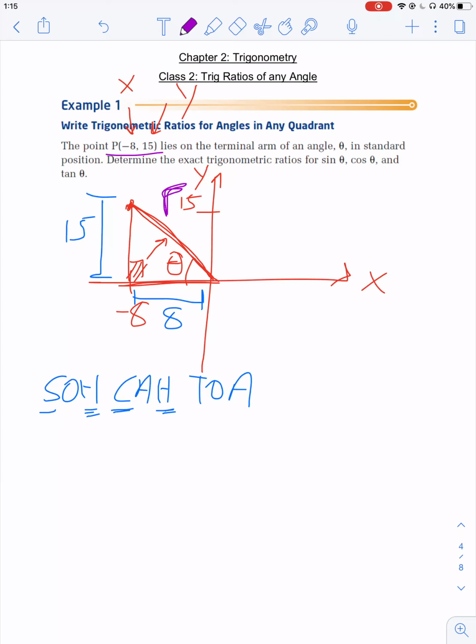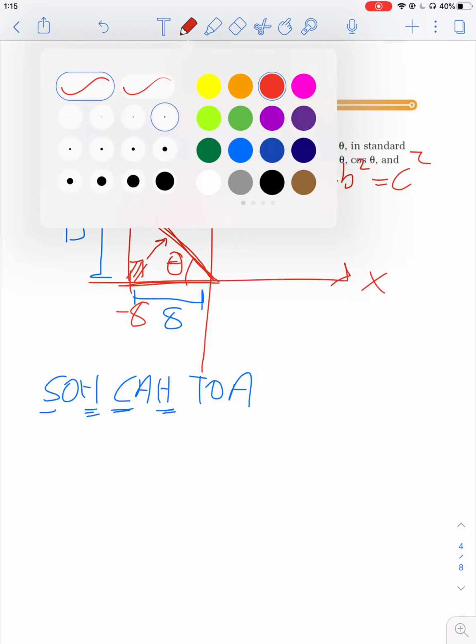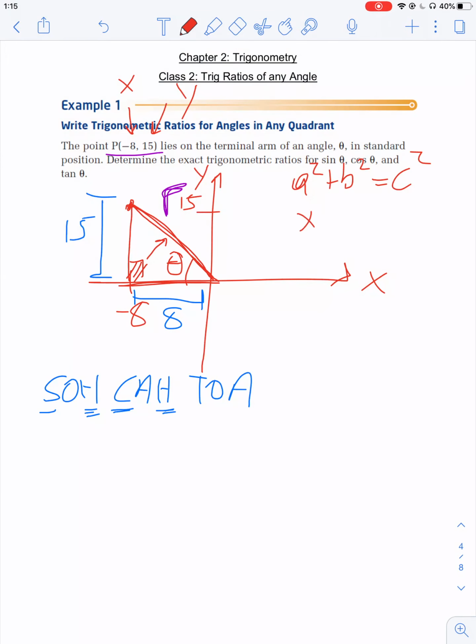And you guys are very familiar with this formula, the Pythagorean theorem, a squared plus b squared is equal to c squared. In the Cartesian plane, it translates to x squared plus y squared is equal to r squared. You could use whichever one you want.